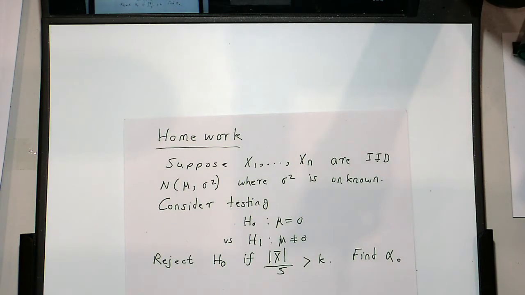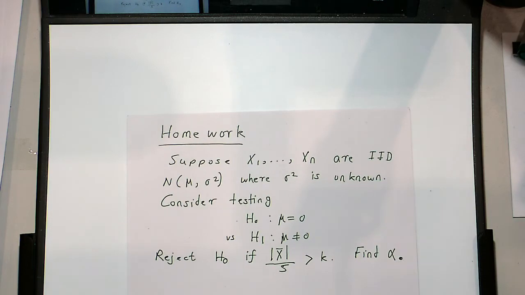It's similar to the previous example I did, except here we have the absolute sign for the sample mean x bar, right? So you have to be a little careful. And here I only want you to work out alpha, not beta, because working out beta will be a little complicated in this example. As you saw in the last example, working out beta was a little bit more work. So I only want you to work out alpha, the type 1 error probability.